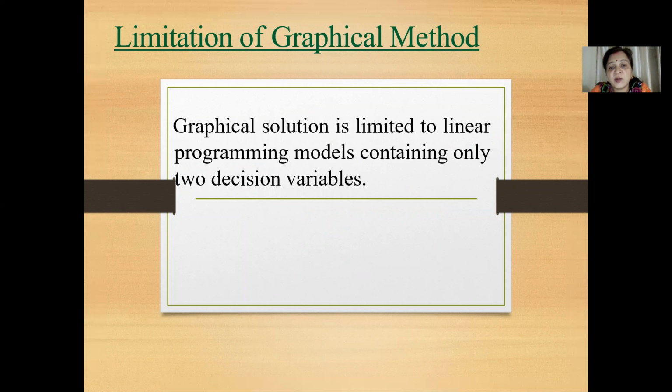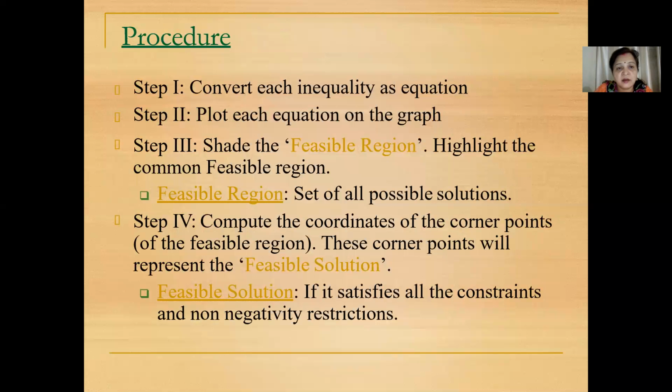For more than two variables, we have to go to other methods. But the advantage of this method is that it is a very simple and easy method. So when there are two decision variables, we mostly use the graphical method.